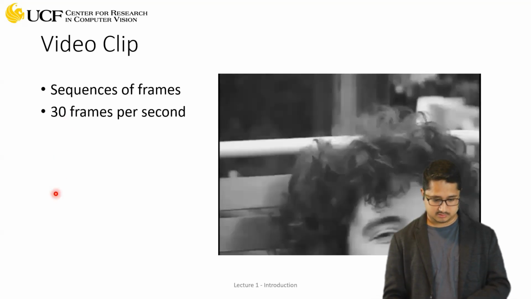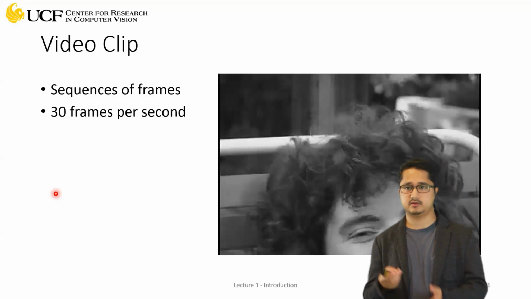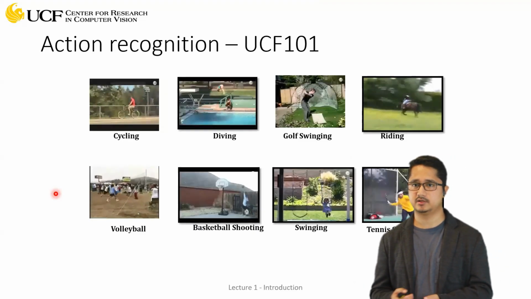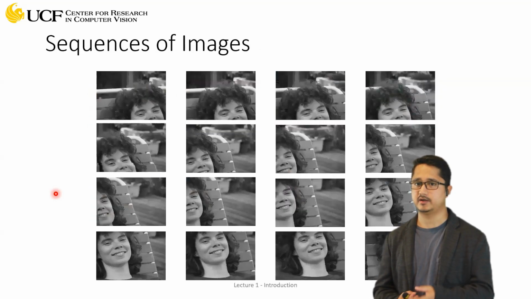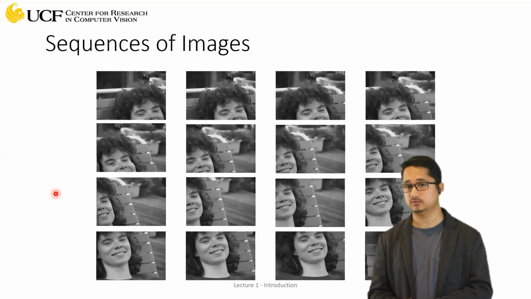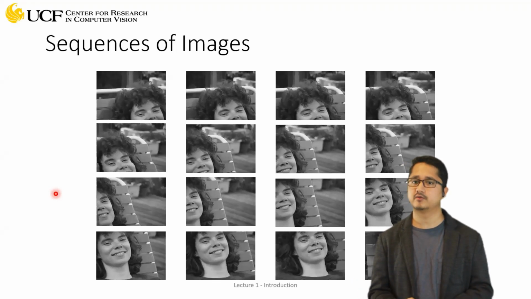So a video is just, as I said, a sequence of frames, and you can analyze each and every frame independently. Usually in a lot of problems, people do that and then try to make inference about the video. But again, there are different techniques for how we can infer information from a video.